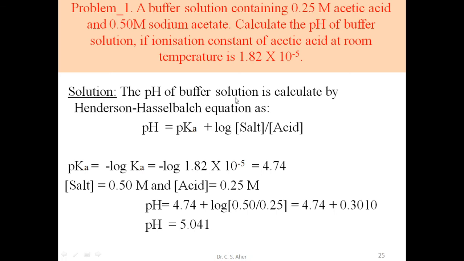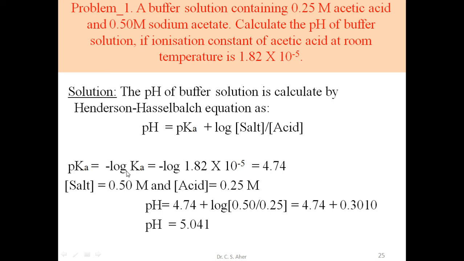So the pH of this buffer solution is calculated directly by the Henderson-Hasselbalch equation. pH is equal to pKa plus log of salt concentration upon acid concentration. So what is pKa? Sorry, pKa is not given, Ka is given. So for calculating, pKa is equal to minus log of Ka.